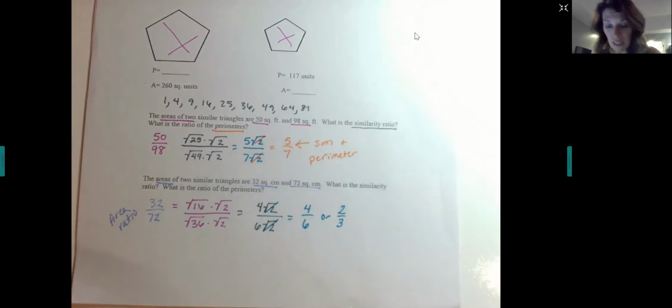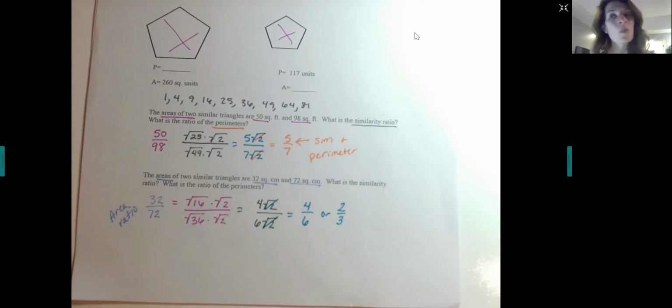So the keys for today's work are making sure that we know that in order to get our area ratio, we have to square our similarity or perimeter ratio. And if I'm given an area ratio, I have to take the square root of it. We are always going to simplify our radicals. We are not going to just put it into a calculator.